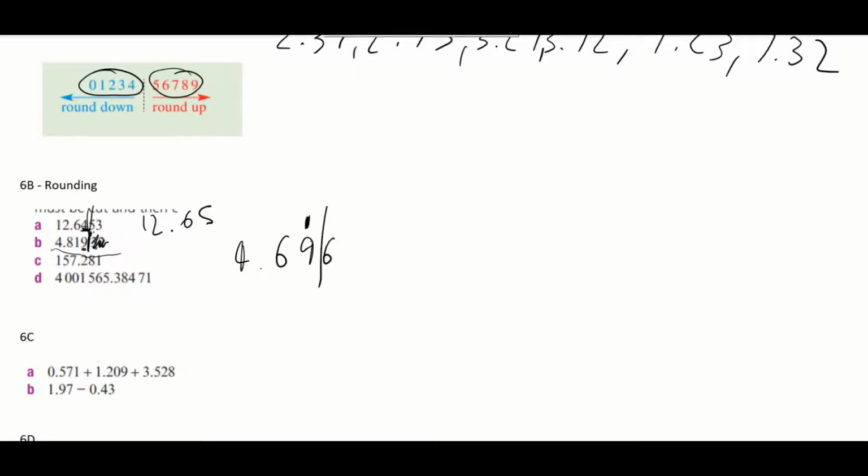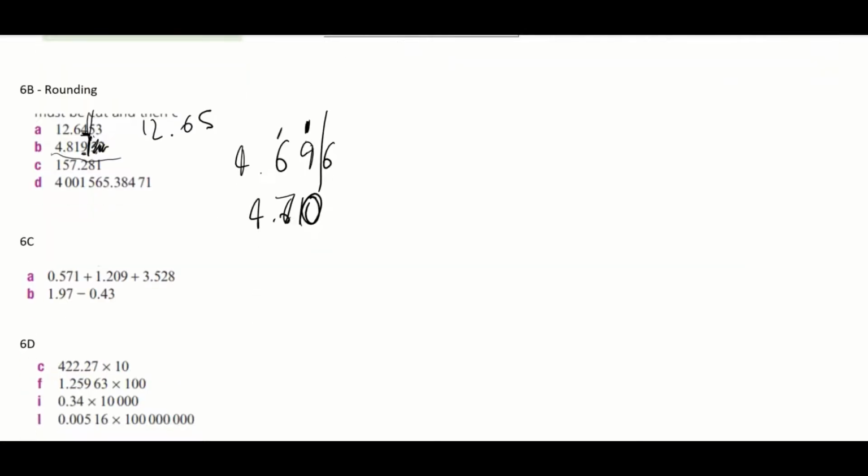So this is what we're looking at, but we're looking over here to see whether it goes up or down. Now 6 goes up, which means that 9 will turn into a 10, but we don't write 4.610. That doesn't make any sense. This number is getting smaller. So what we do is we actually turn 9 to a 0, regroup the 1, it turns into 4.70. That is what we want in that situation.